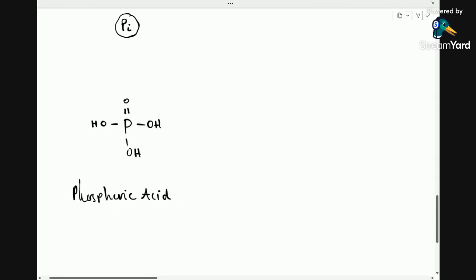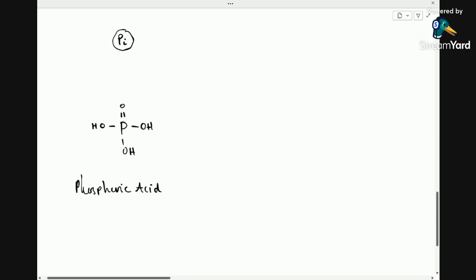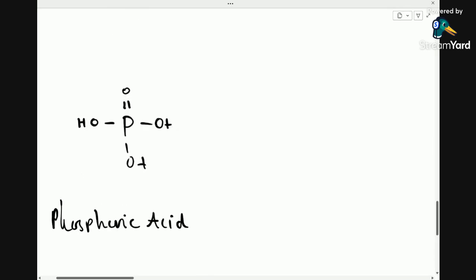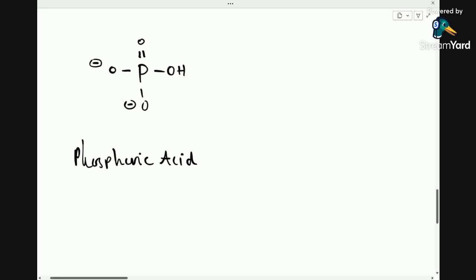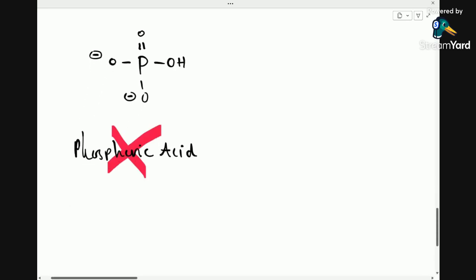It actually donates two of them. So I'm going to get rid of these two here, and that gives these both a negative charge. This is now not phosphoric acid; this is now something we call phosphate.